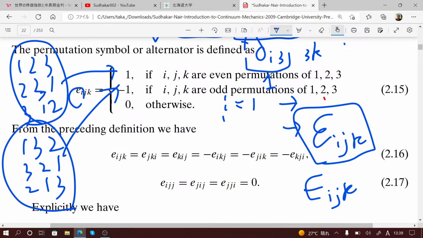From the preceding definition we have, so I call this epsilon instead of E, epsilon ijk equals epsilon jki equals epsilon kij equals minus epsilon ikj equals minus epsilon jik equals minus epsilon kji. Epsilon ijj, jij or jji equals 0.